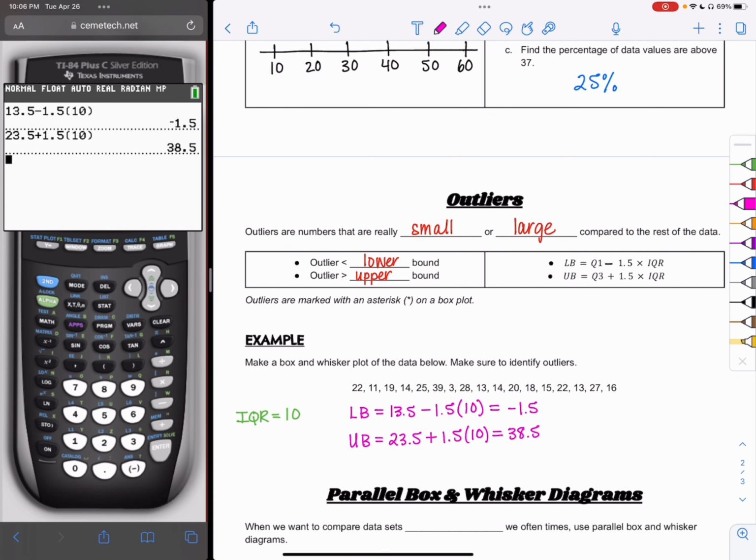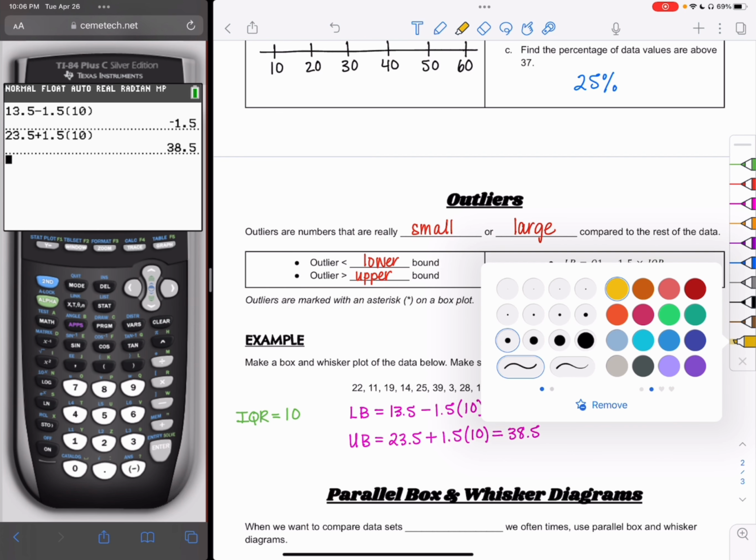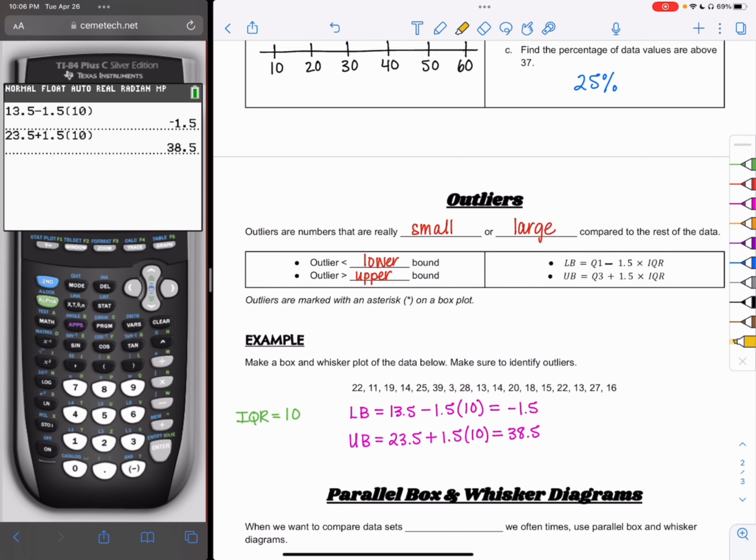So that is my lower bound and my upper bound. So any number in the data set that's less than negative 1.5 is an outlier. And any number in the data set that is above 38.5 is an outlier. So yes, I do have an outlier. The outlier that I do have is 39.